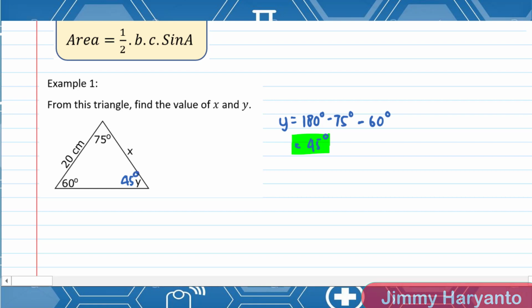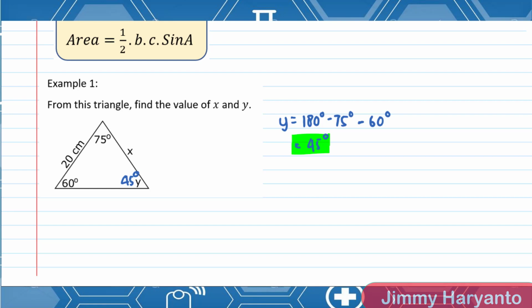And then after that I will try to find x. Okay, the trick is if you have more than one angle, you can use the sine rule. If you are confused about when to use the sine rule or cosine rule, you can use this trick. If you have many angles, you can use the sine rule.